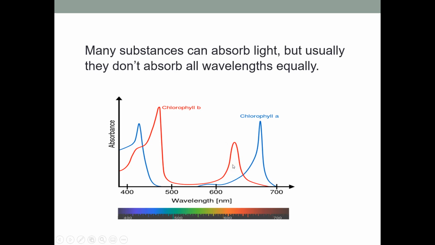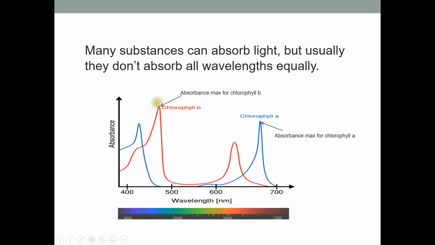So this is what we refer to as an absorption spectrum, and you can do this for any molecule. This is just for the visible wavelengths because that's what's biologically relevant, but you could extend this out into the ultraviolet and X-rays, and you could extend it to the right to include infrared light and radio waves. But this is the part of the spectrum that's biologically relevant.